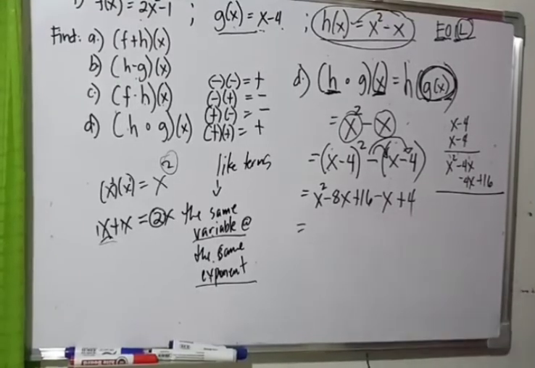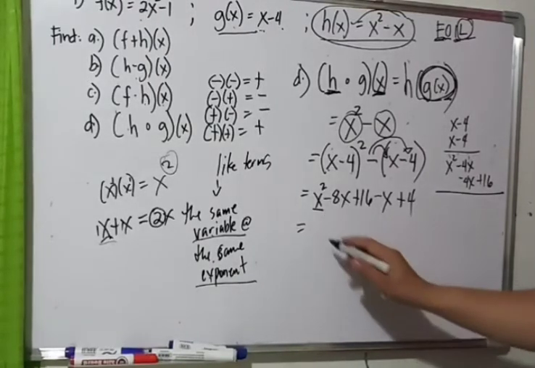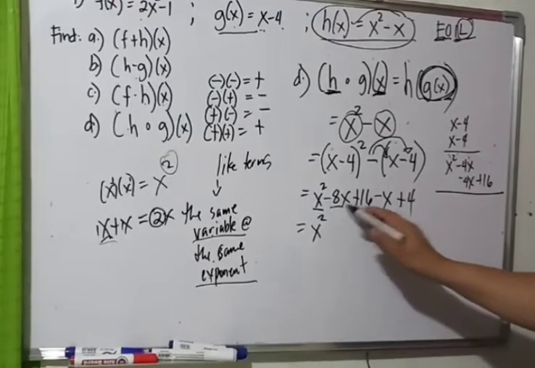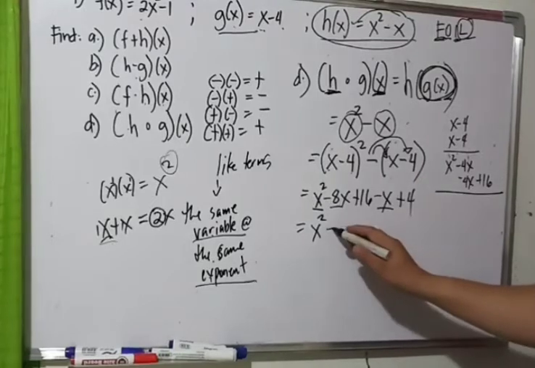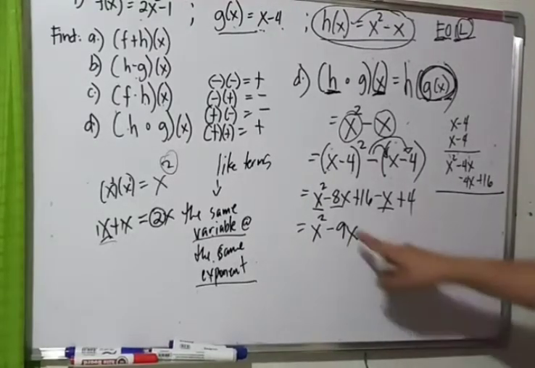Then combine like terms natin. Ano ba yung like terms? The same variable and the same exponent. So ito, X squared walang partner or walang like terms. Negative 8X and negative X, so that is negative 9X.